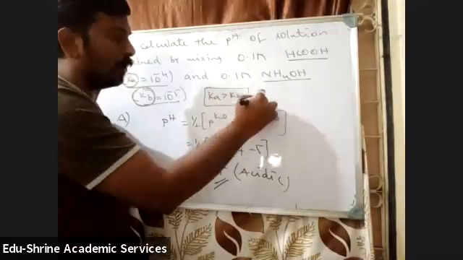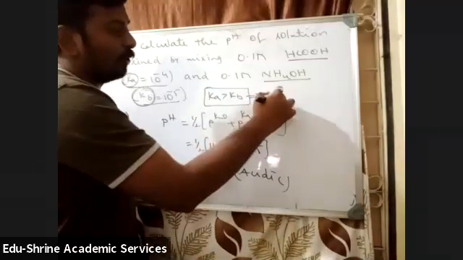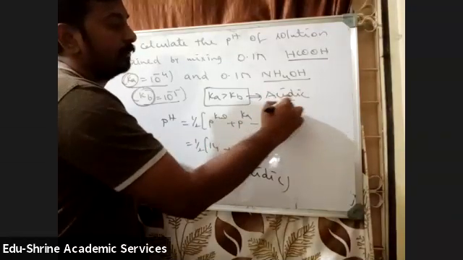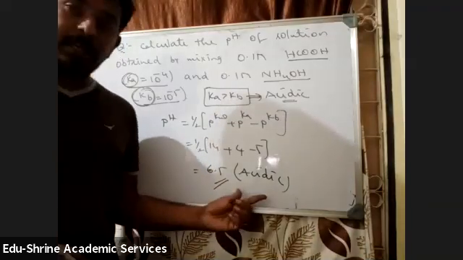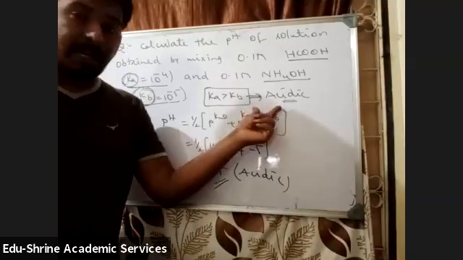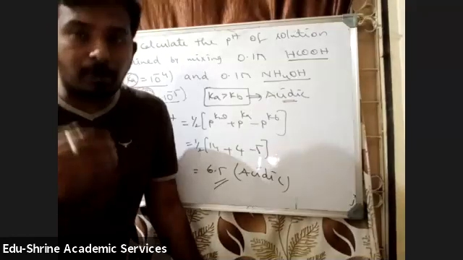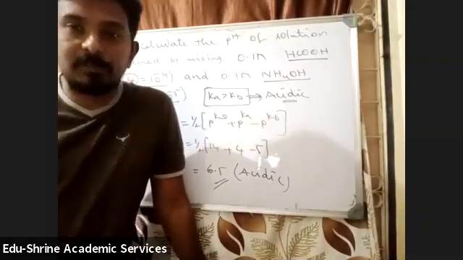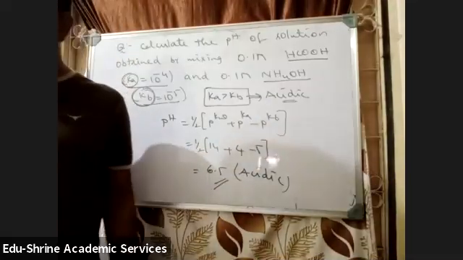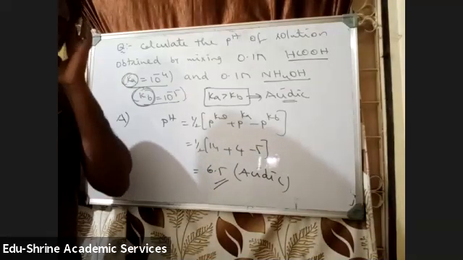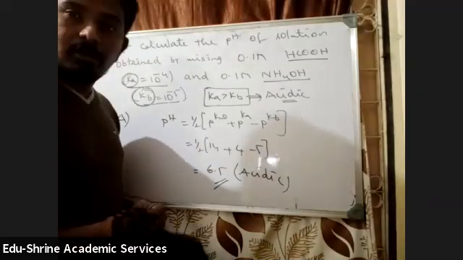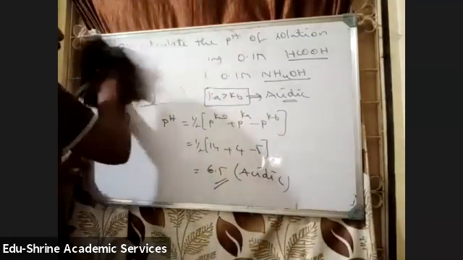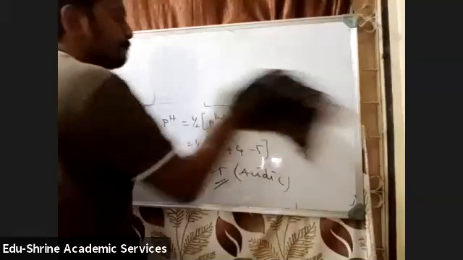So when Ka value is more compared to Kb, the nature of solution will be acidic. Okay, so finally we got acidic also. So in that way we can decide the nature of solution for weak acid and weak base. So this is about the concept of salt hydrolysis.